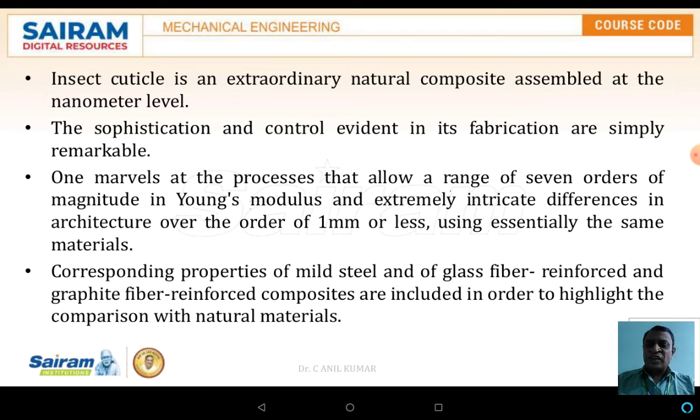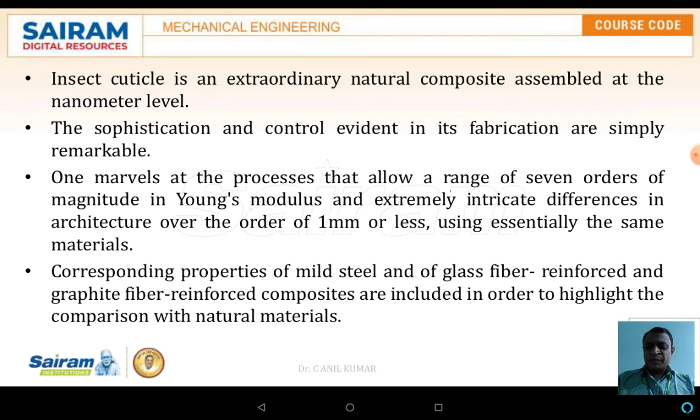The insect cuticle is an extraordinary natural composite assembled at the nanometer level. The sophistication and control evident in its fabrication is a remarkable process that allows a range of seven orders of magnitude of Young's modulus and extremely intricate differences in architecture over 1 mm or less, usually in the same material.